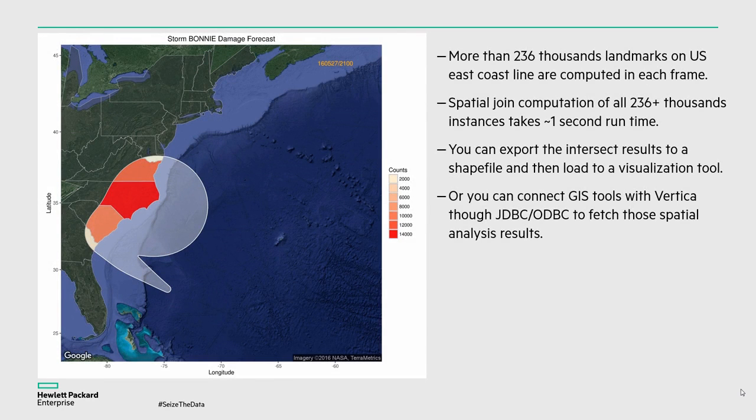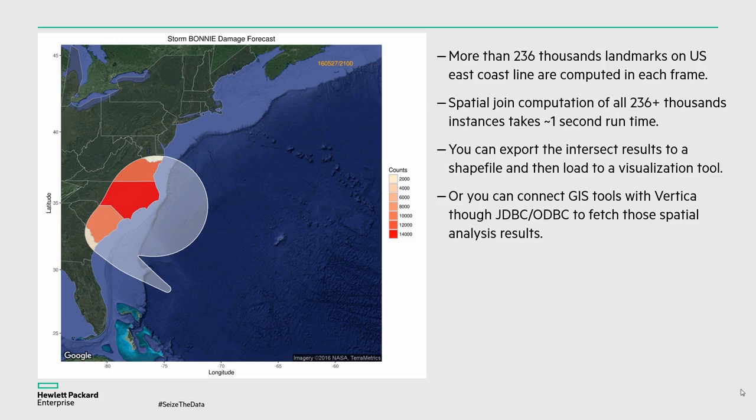The point data set in this demo includes more than 200,000 instances. For each timestamp, we create the heat map, and the spatial join computation takes roughly 1 second on a 3-node Vertica database, so it's very efficient.